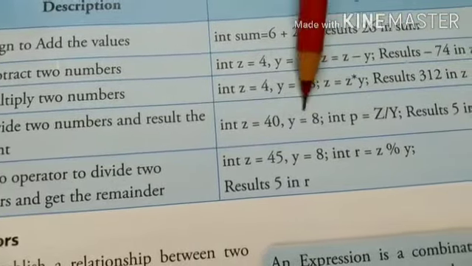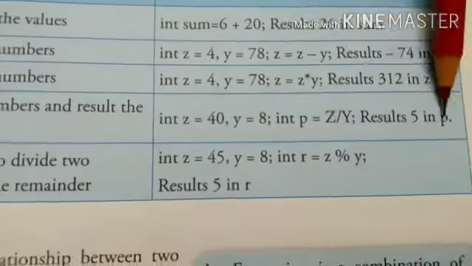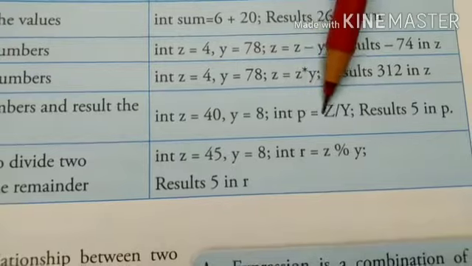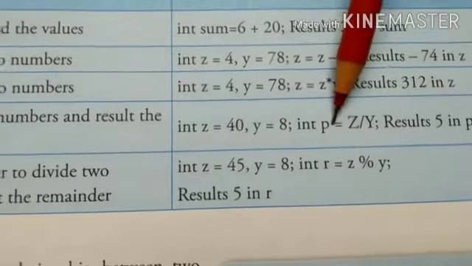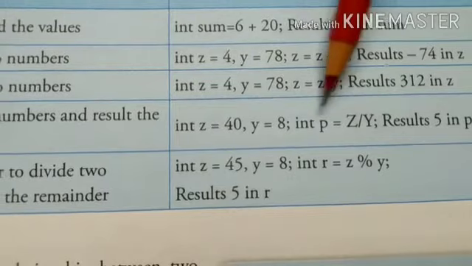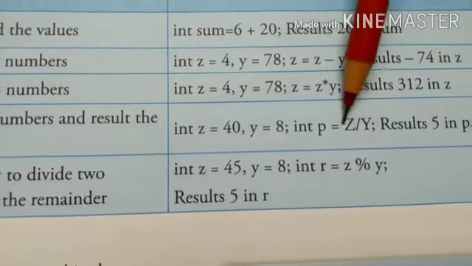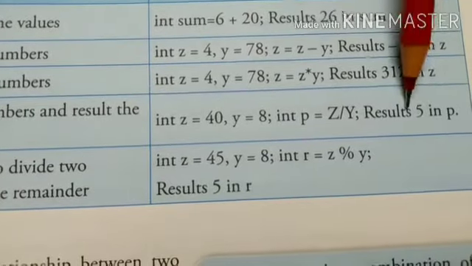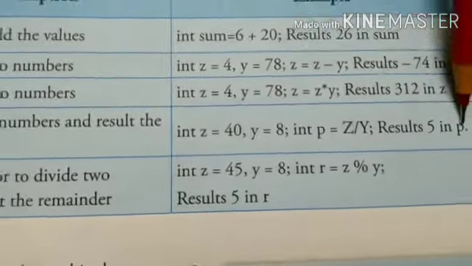So 40 divided by 8, and the answer will be stored in p because we have written p is equal to, and p is an integer variable. So 40 divided by 8, the quotient will be 5. So the result 5 will be there in p.